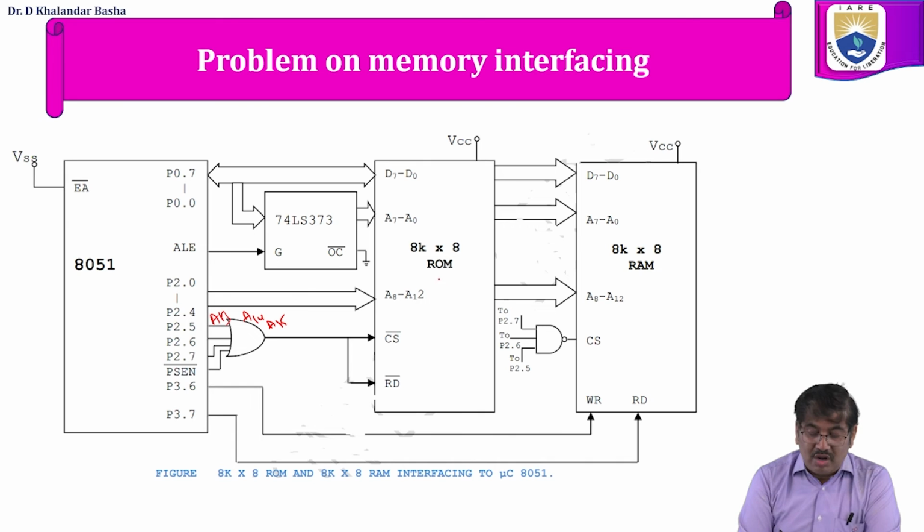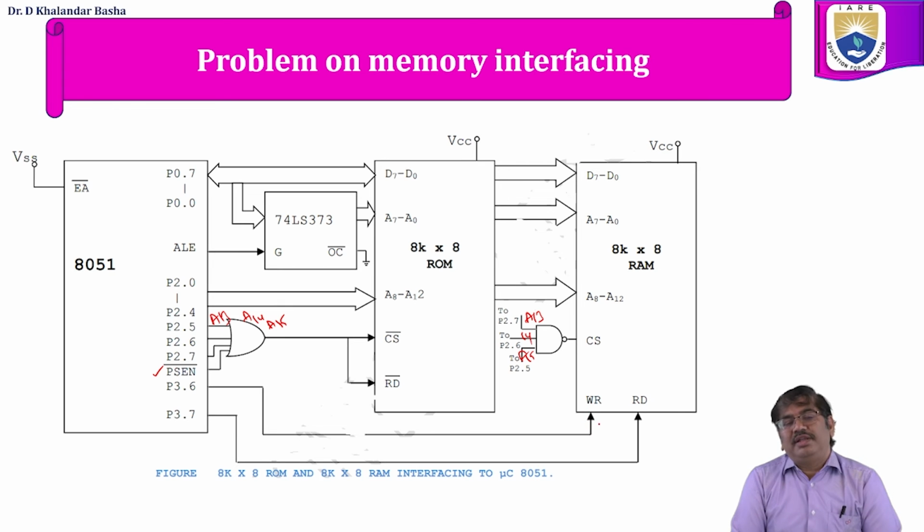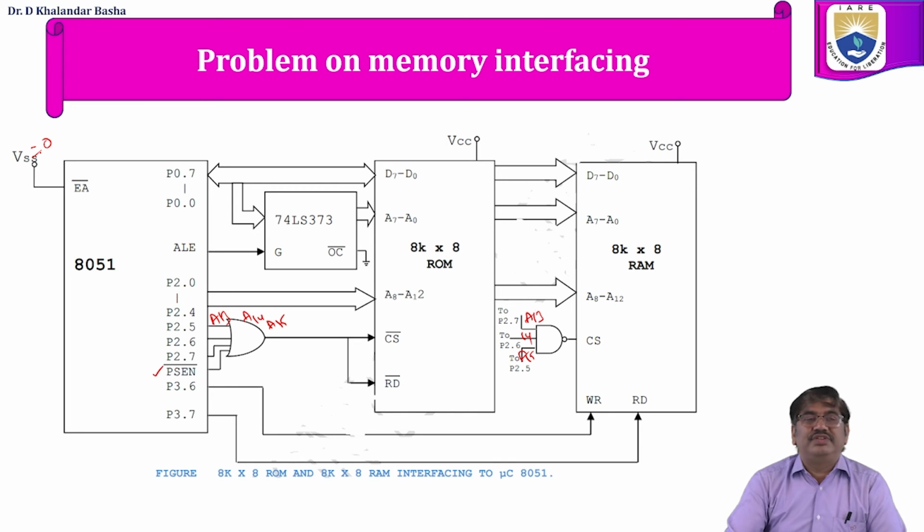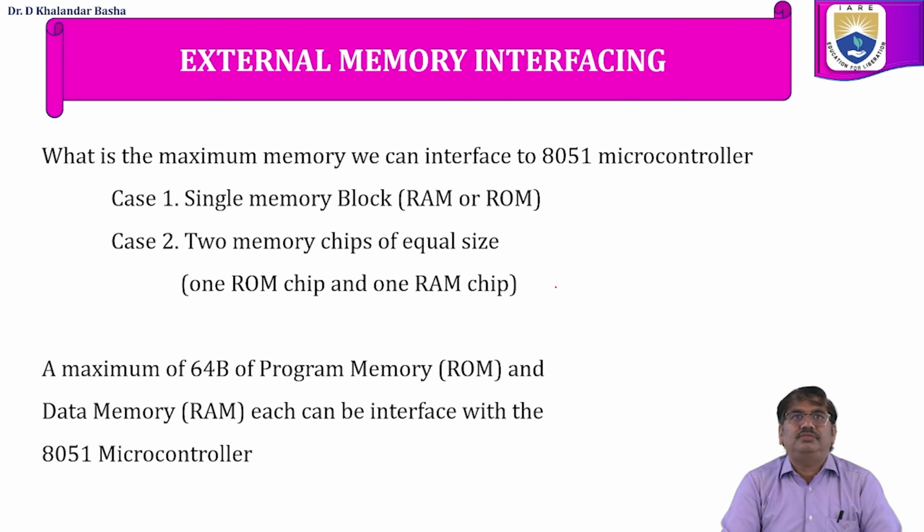For the ROM block, we include PSEN bar in the decoding mechanism, whereas for the RAM we require only A13, A14, A15 for chip select. However, read bar and write bar signals are given for enabling memory access for both read and write. As these are external memories, we always have to connect EA, that is external access, to 0, which is nothing but VSS.